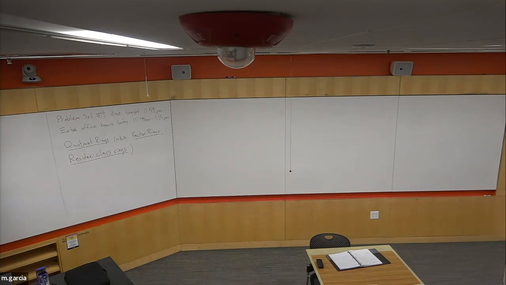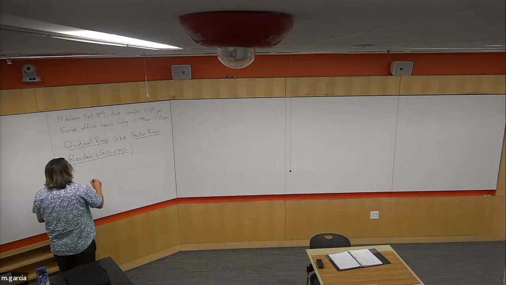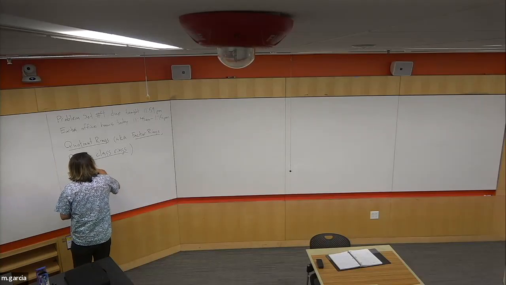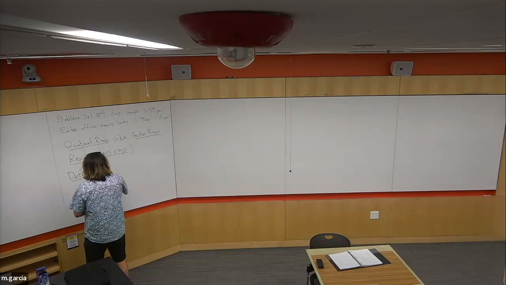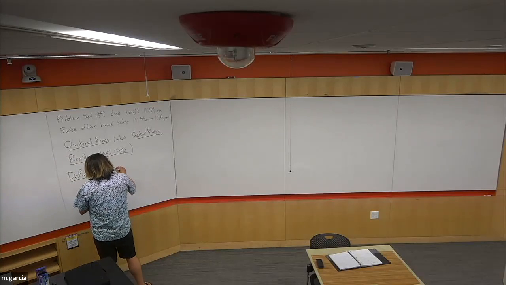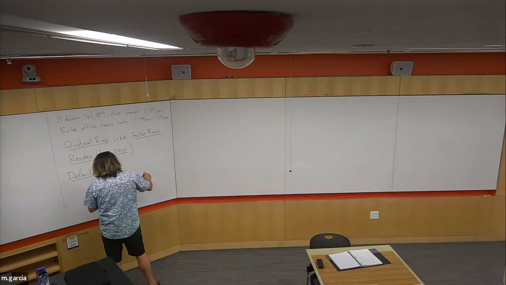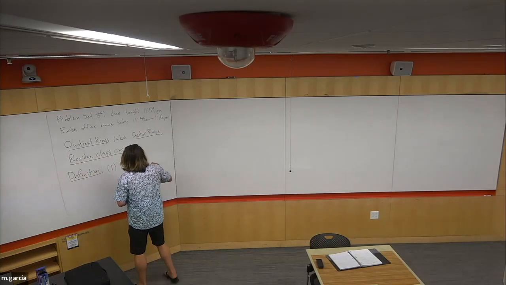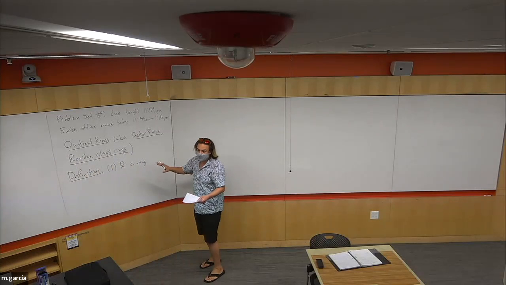Right. So let's now start with some general definitions. Okay, so definition 1. Let R be a ring. Here, we're not assuming anything. We're not assuming integral domain.